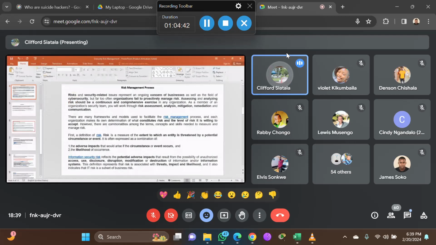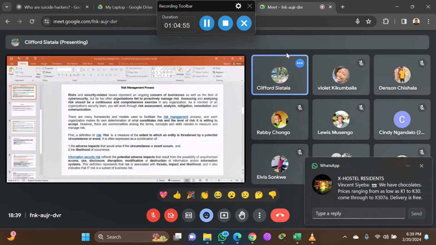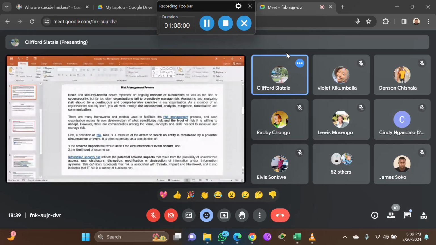Of course, there are so many hacking tools, but we will be using Kali Linux as one of the tools to do our penetration testing, because of the number of utilities and tools that it has. So our platform will be Kali Linux.